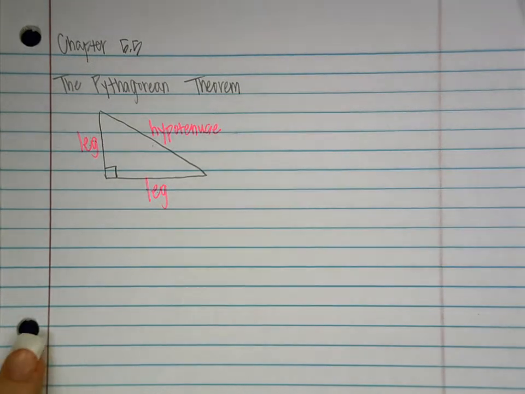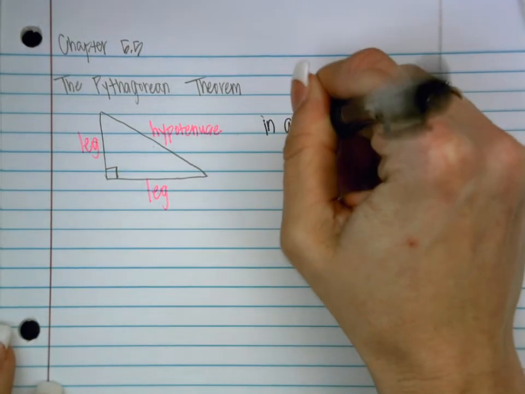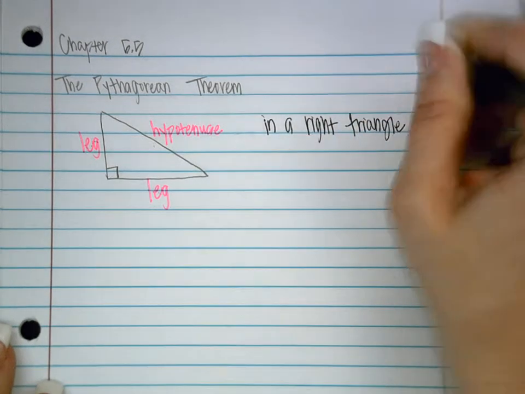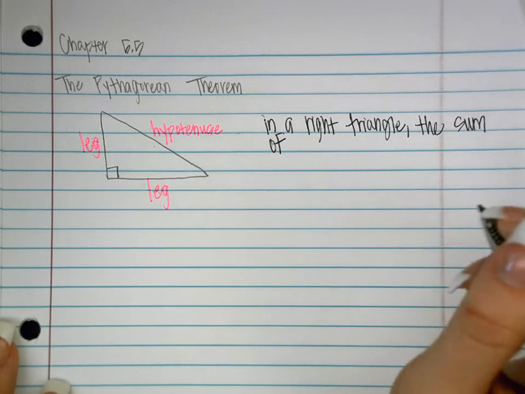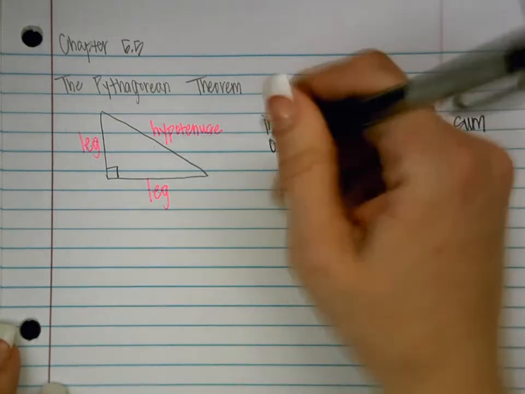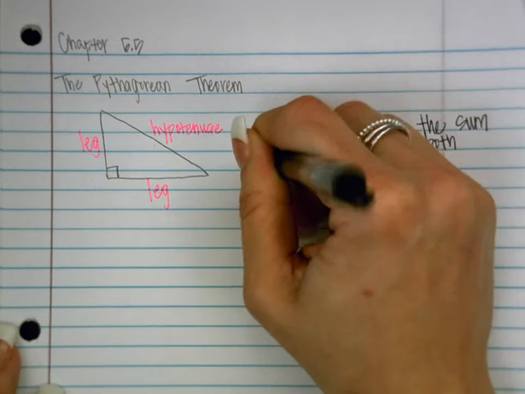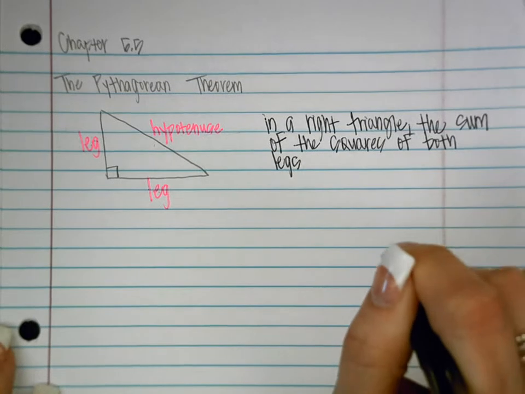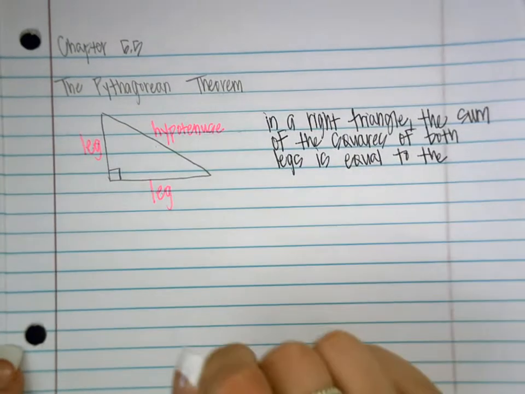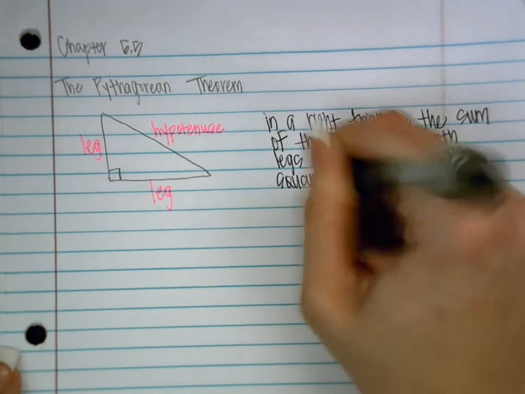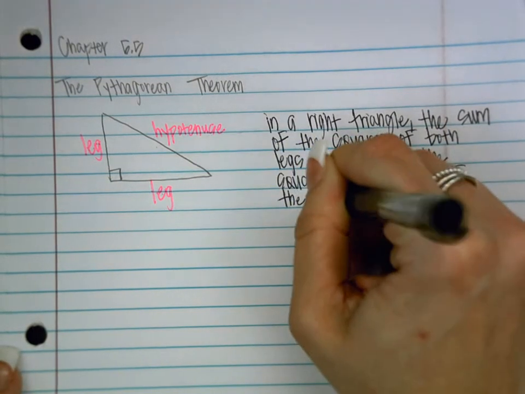Now, the actual Pythagorean theorem. What the Pythagorean theorem tells us is that in a right triangle, the sum of the squares of both legs is equal to the square of the length of the hypotenuse.